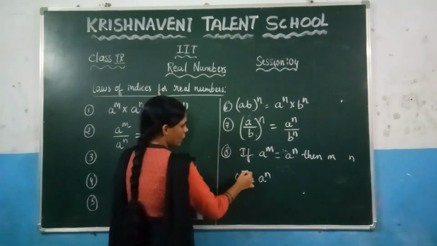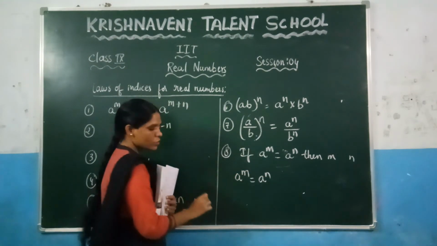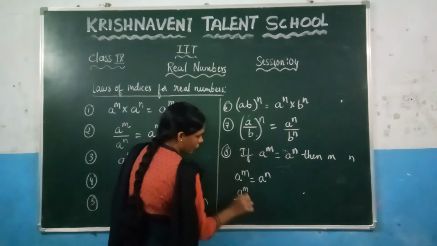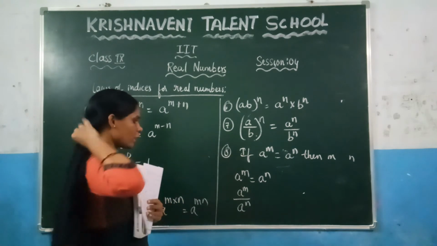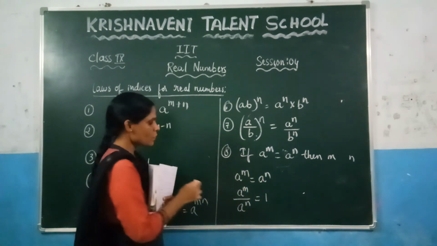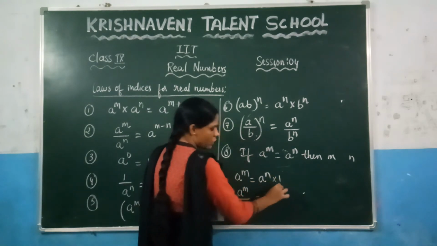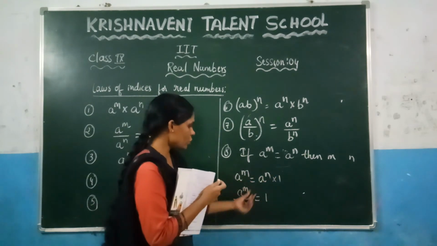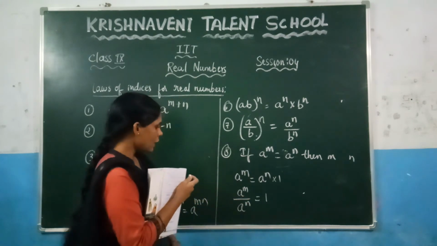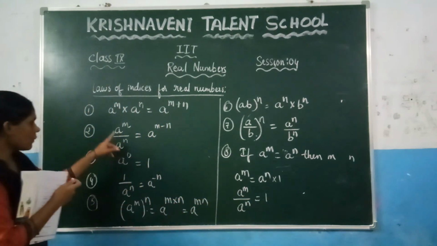What we have been given is a power m is equal to a power n. So this one you can write as a power m by a power n. Right? Here a power m by a power n is equal to 1, because you can write this one as into 1. So if you take this value to this side, it will become division. You will get a power m by a power n is equal to 1, and it is in the form of a power m by a power n.